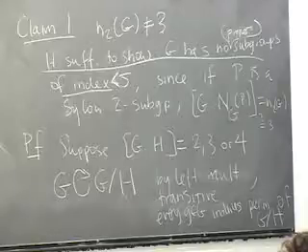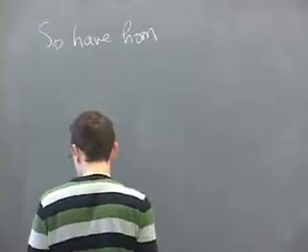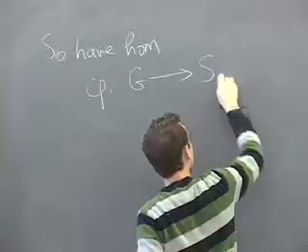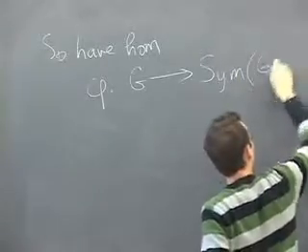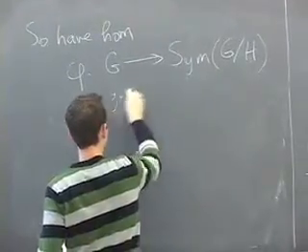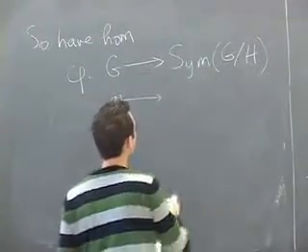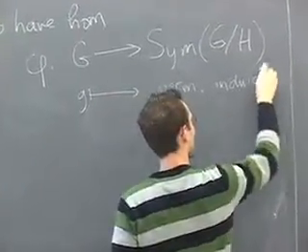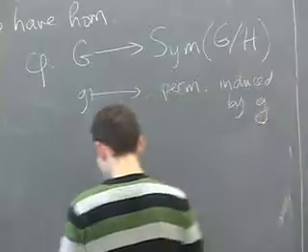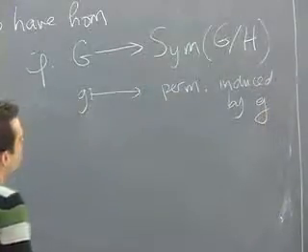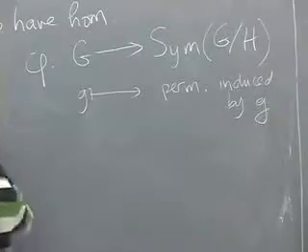So there's a homomorphism from G to the symmetric group on the coset space, G mod H. In other words, this takes element g to the permutation induced by g. Now, let's talk a bit about the kernel.